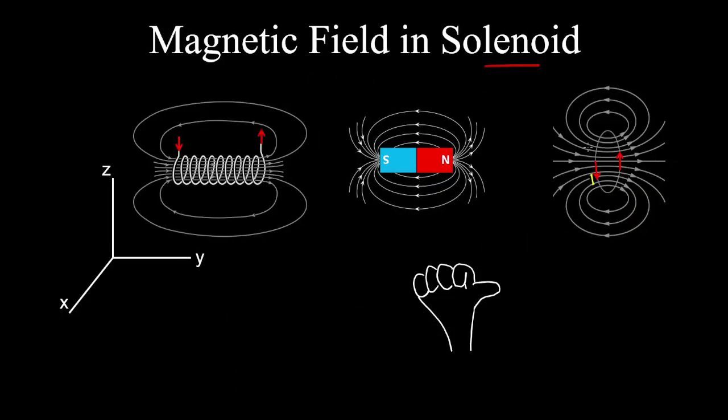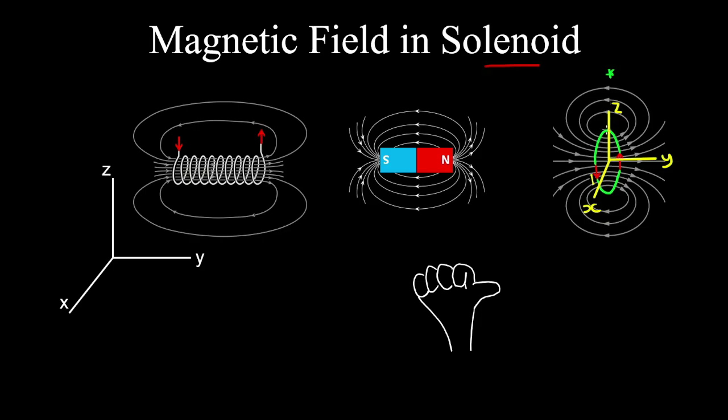A solenoid is basically a bunch of wire loops wound together into multiple loops. So if you consider the magnetic field due to a single wire loop with the current flowing anti-clockwise, you can visualize this as the z direction, and this as the y, and this as the x direction.